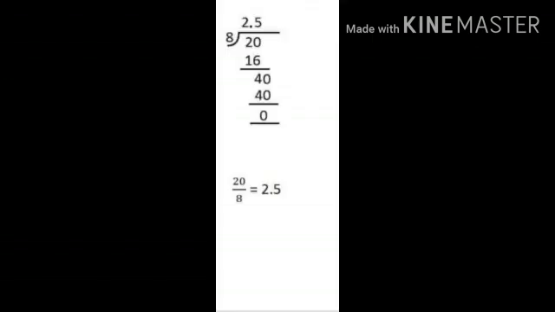Here, see the rational number 20 upon 8. When we divide the numerator 20 by the denominator 8, the division ends. That is, we get the remainder of our division as 0, and hence it's an example of a terminating rational number.